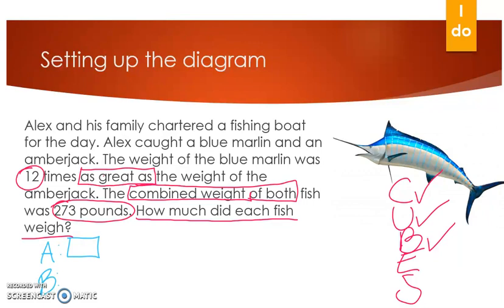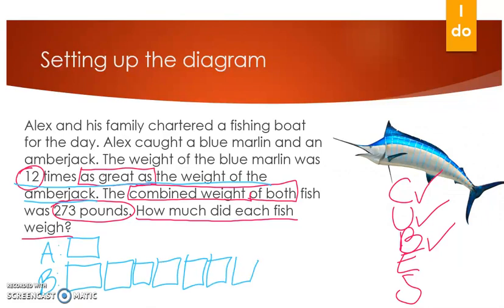Because the blue marlin is 12 times as great as the weight of the amberjack, we're going to go ahead and draw 12 times as many boxes as the amberjack. So we'll draw 12 boxes. So 1, 2, 3, 4, 5, 6, 7, 8, 9, 10, 11, and 12 boxes.